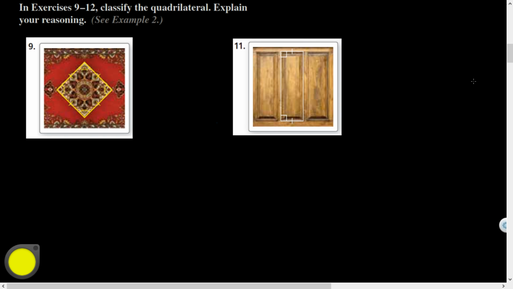All right, classify the quadrilateral. Explain your reasoning. So I've got 4 congruent angles and 4 congruent sides. The 4 congruent sides, it's in the rhombus family. But the 4 congruent angles, they don't tell me the measure of those angles, but what do they all add up to be?